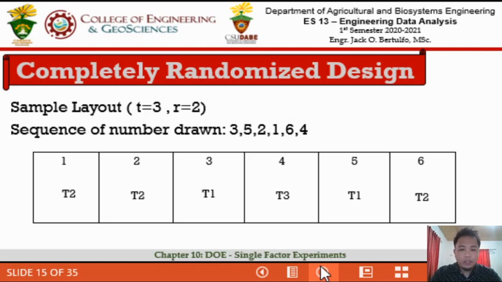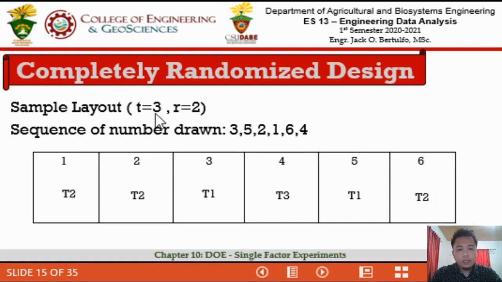Okay, so this is a sample layout. Let's say T is for treatment and R is for replication. You have 3 treatments, and you replicated them twice. Then you have experimental units 1, 2, 3, 4, 5, and 6. Since, as I mentioned, each experimental unit has an equal chance of receiving a treatment, you randomly assign them.